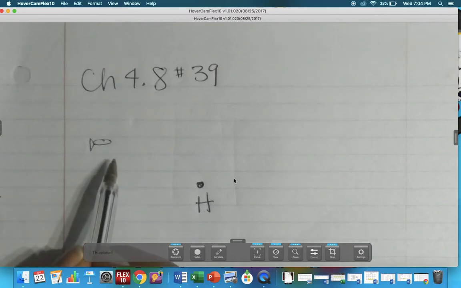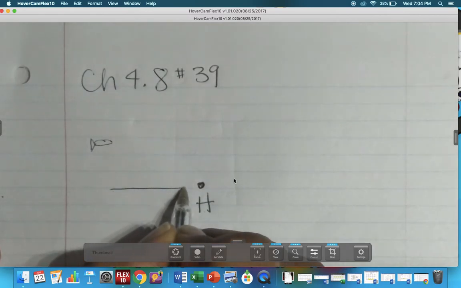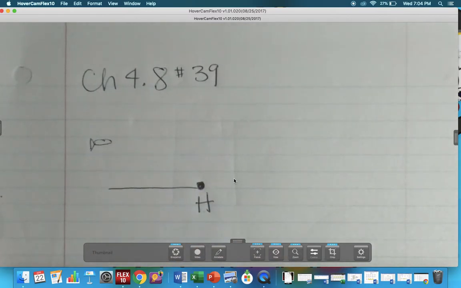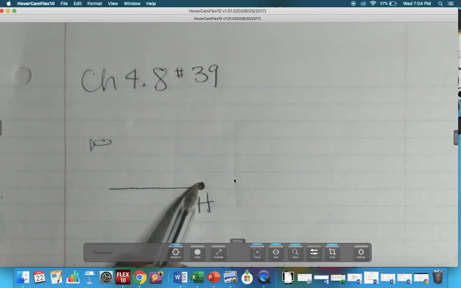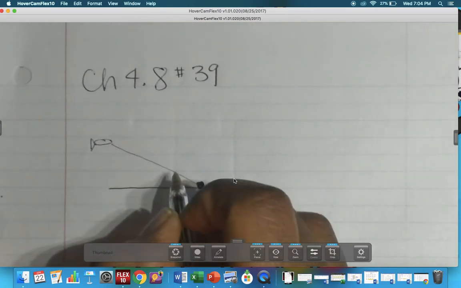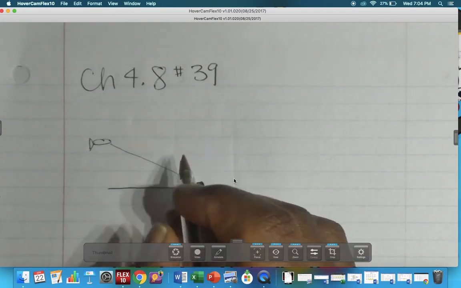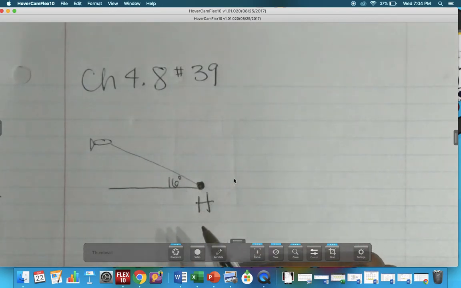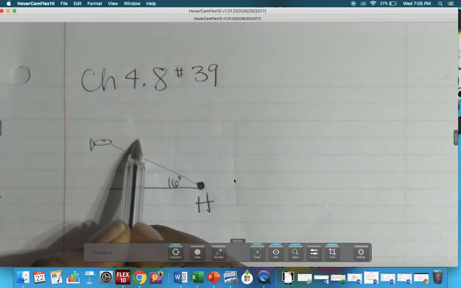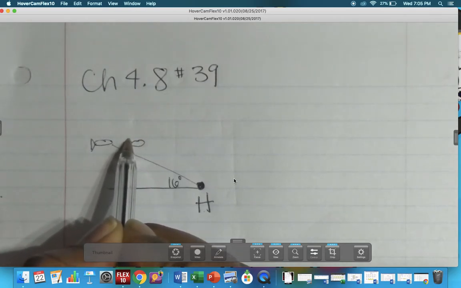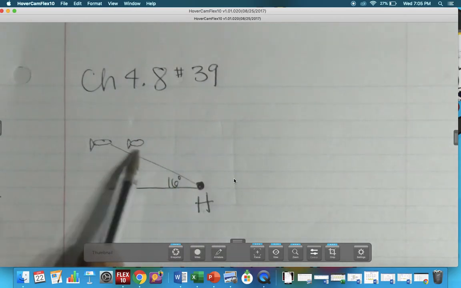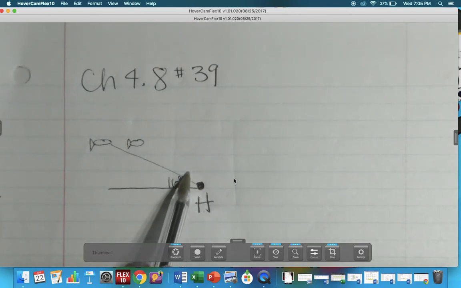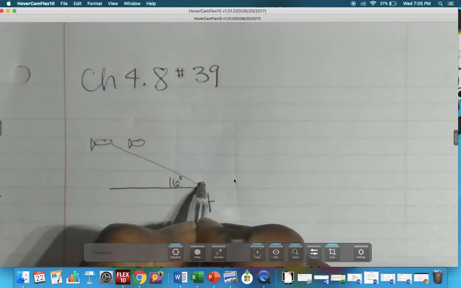At one point the angle of elevation from my home to the plane is 16 degrees. And then as the plane gets closer, because it's approaching my home, the angle of elevation rises up a little bit, and now it's 57 degrees.